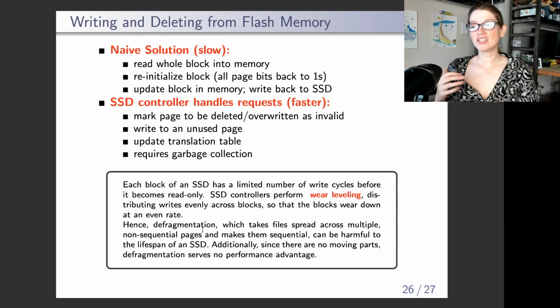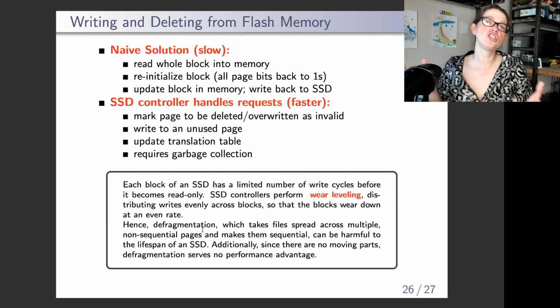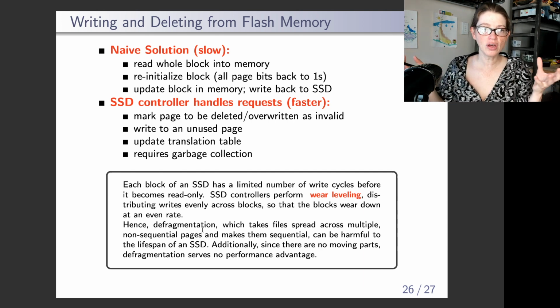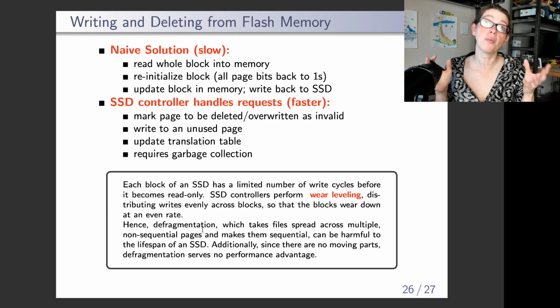Now, this brings us to an interesting discussion of the defrag operation. As I mentioned before, we don't store our file as one contiguous chunk, because then we end up with external fragmentation of the disk, like parts of the disk where we want to write a contiguous segment, but we can't.